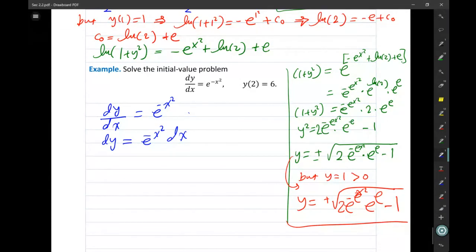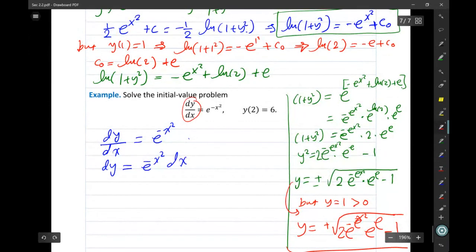Who can tell me how to do this? Look, this is a very tricky example, a very tricky example.